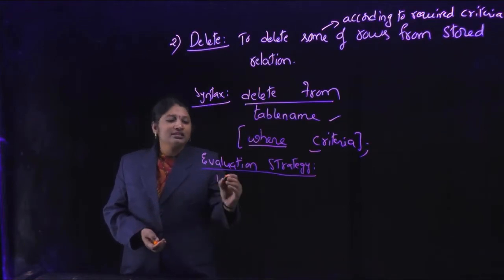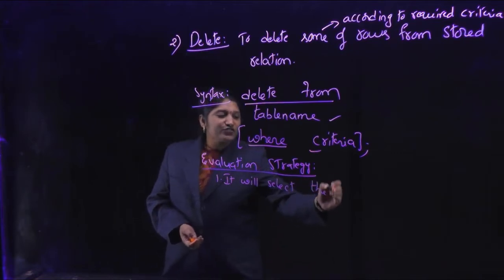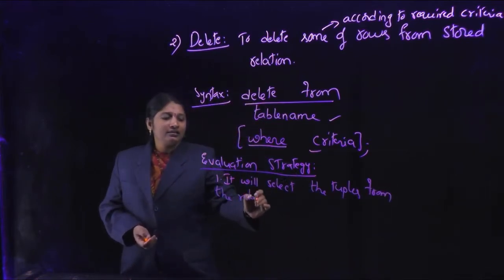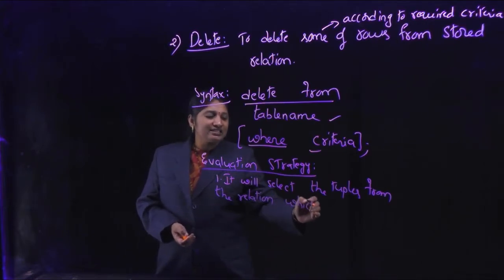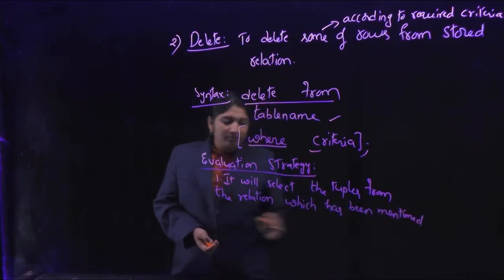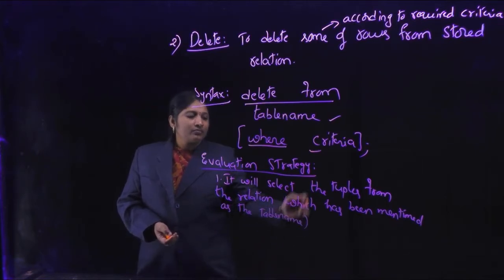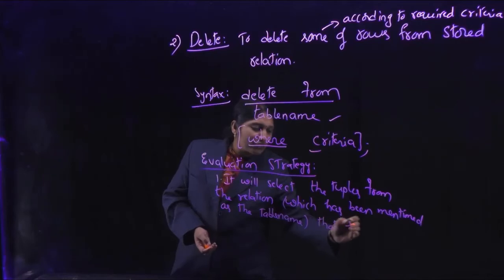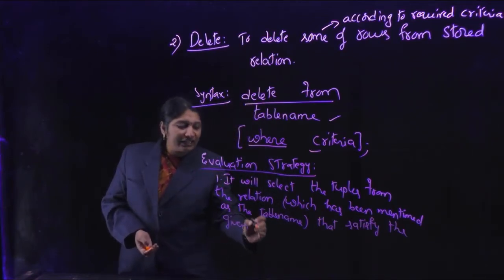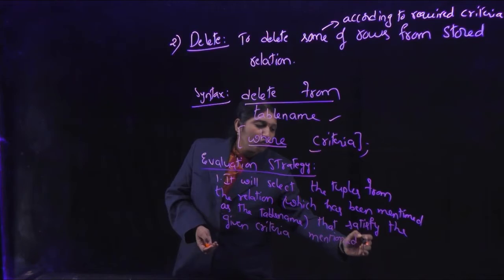The first step is it will select the tuples from the relation mentioned as the table name that satisfy the given criteria mentioned in the where clause.